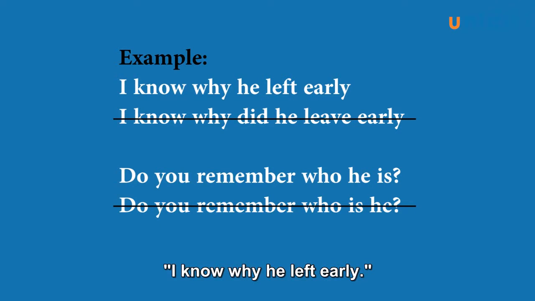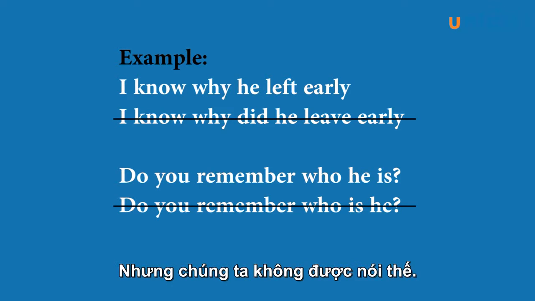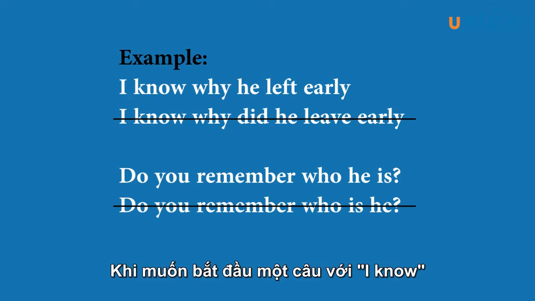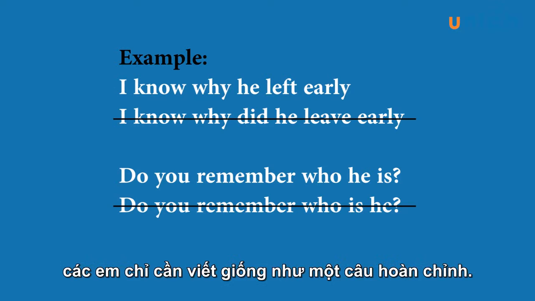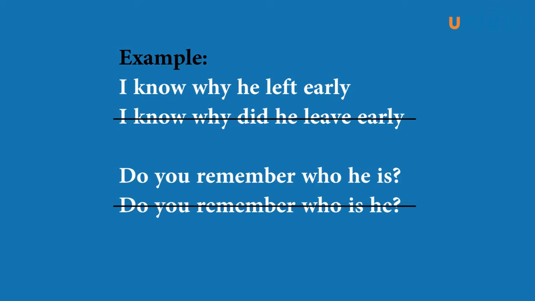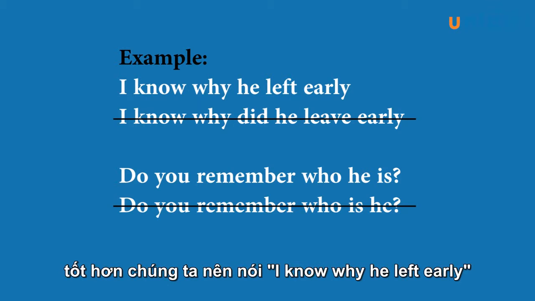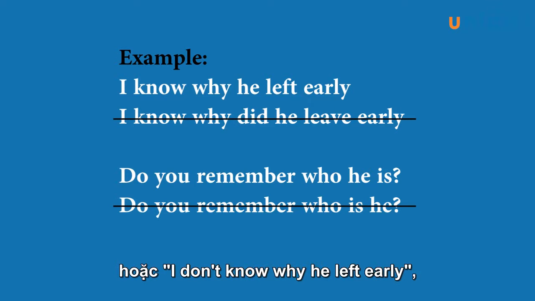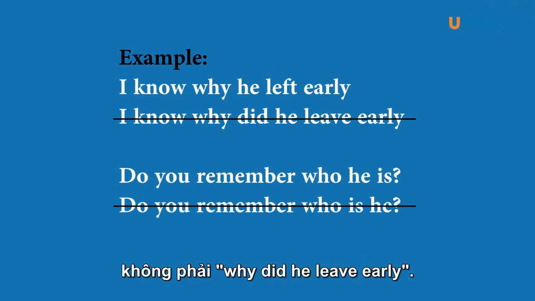I know why he left early. A lot of people say, I know why did he leave early. We never say it like that. If we want to start our sentence with I know, you just simply write it like a complete sentence. So you'd better say, I know why he left early. Or I don't know why he left early. Not why did he leave early.